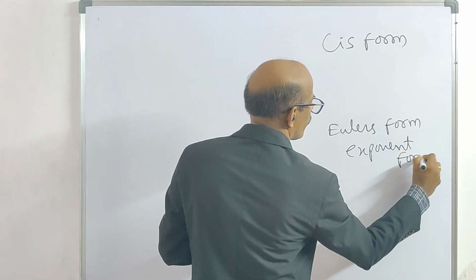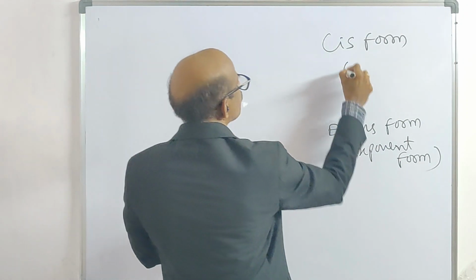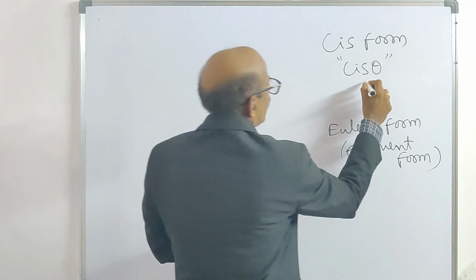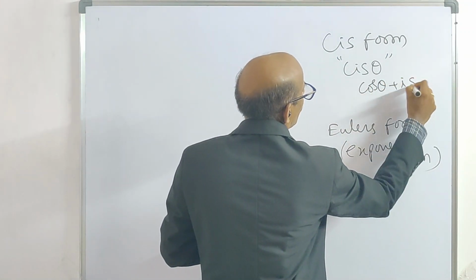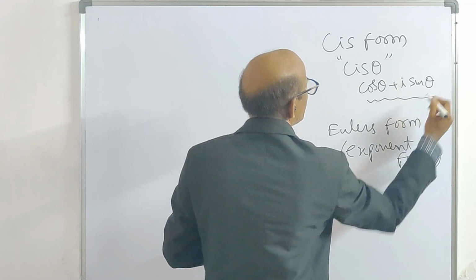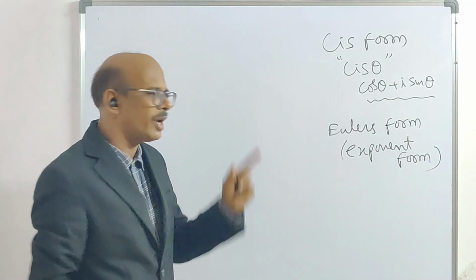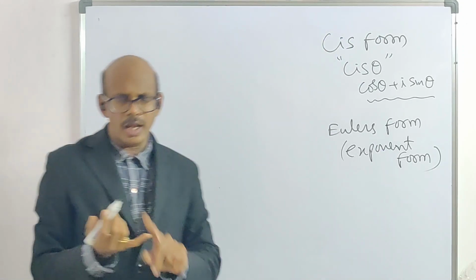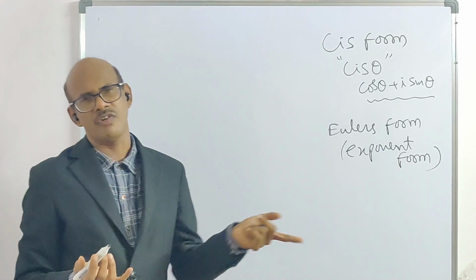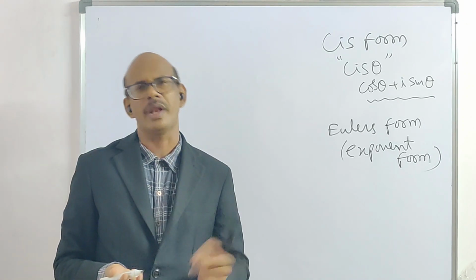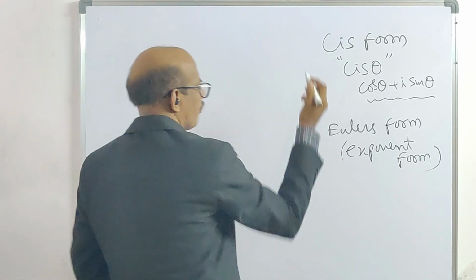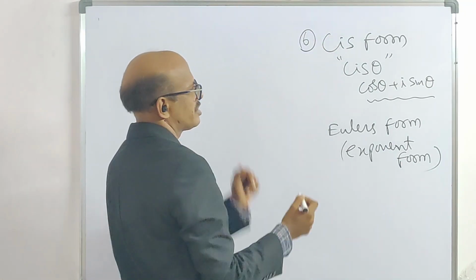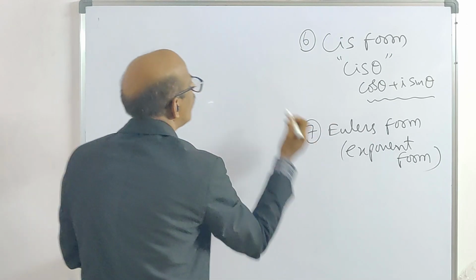Cis form means cis theta, indirectly cos theta plus i sin theta. The proof is different; learning the initial forms in a systematic manner is different. Okay, so purely real first, purely imaginary, rectangular Cartesian fourth, fifth is ordered pair, and the sixth is cis and Euler's form.